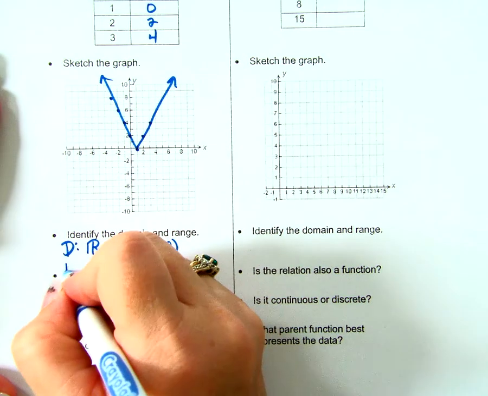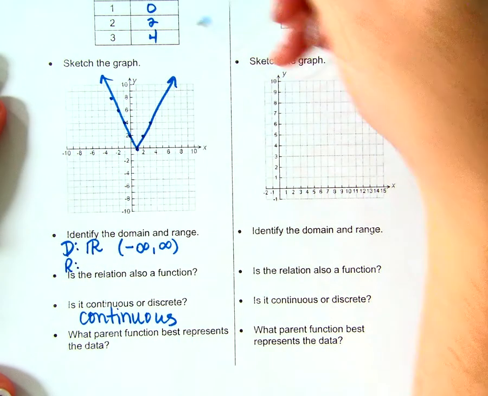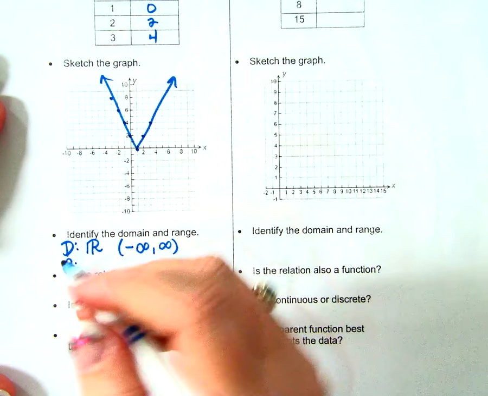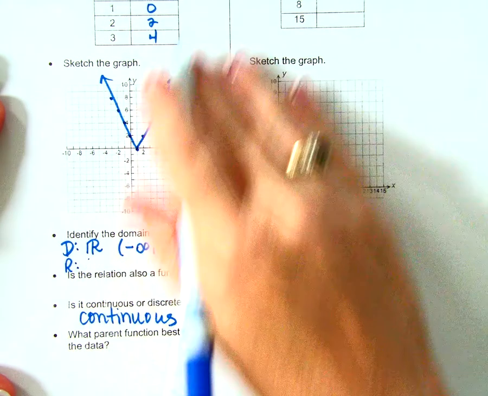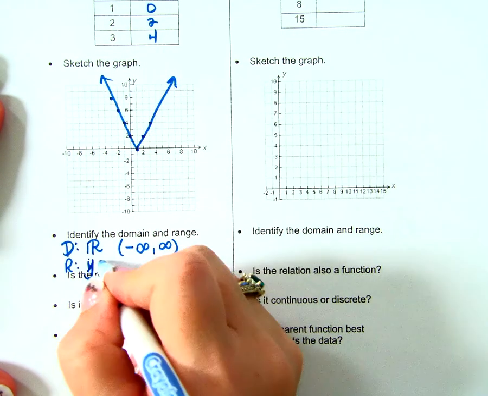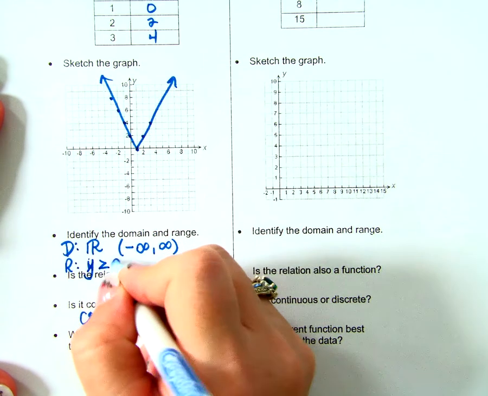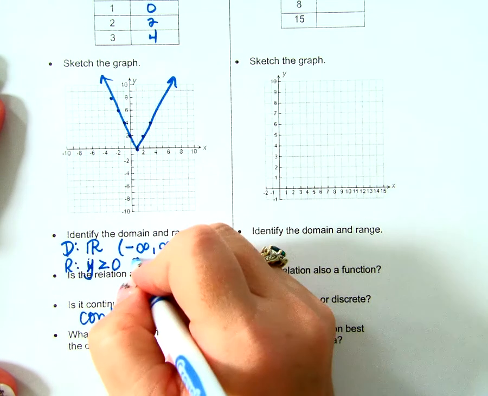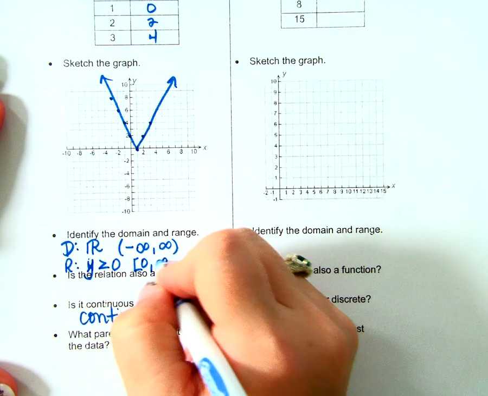Okay? So what's my range? How far down does it go? 0. How far up does it go? So y is greater than or equal to 0, or from 0 to infinity.